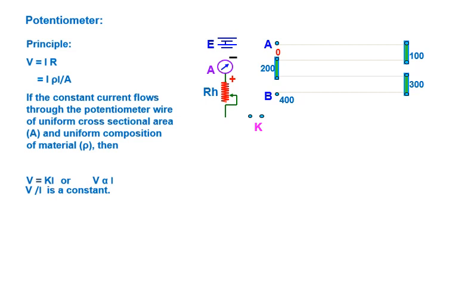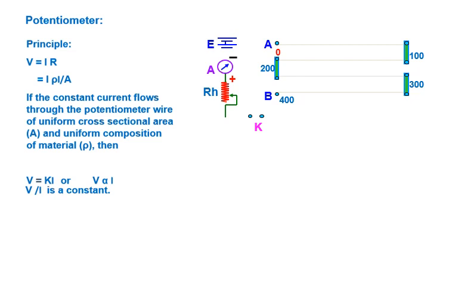Usually 1 meter long separate pieces of wires are fixed on a wooden board parallel to each other, and the wires are joined in series by thick copper strips.